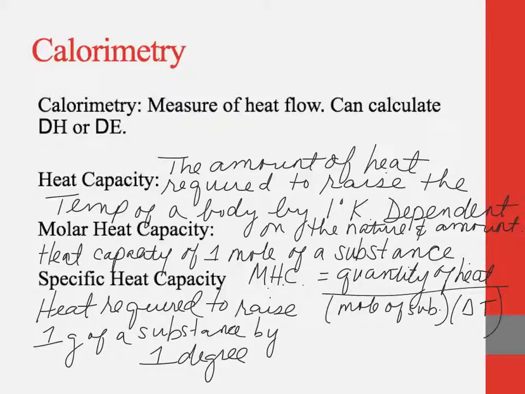And for this one, we're usually using Q equals MC delta T, which you're familiar with from Regents Chem. And your specific heat capacity, your units for C could be in joules per gram dot Kelvin or joules per gram dot Celsius.